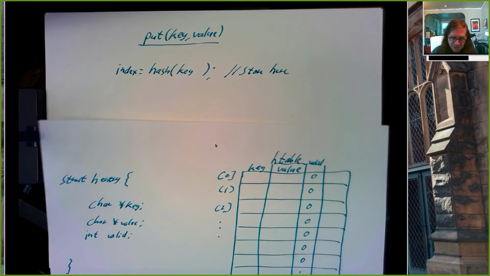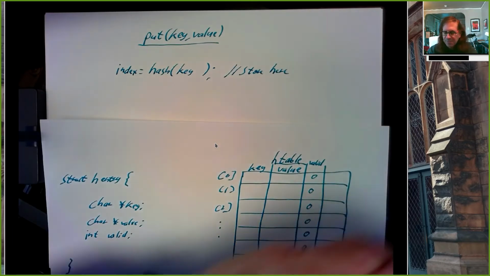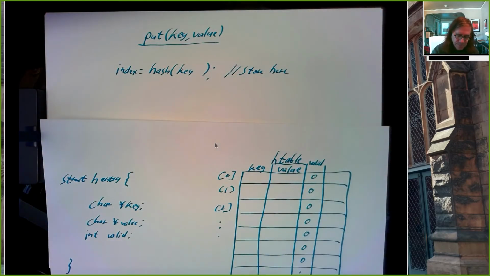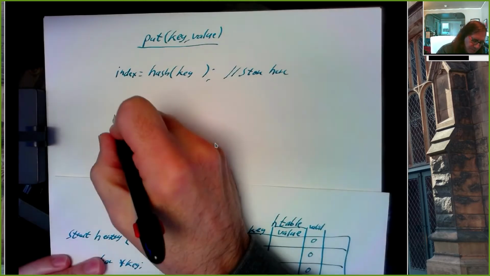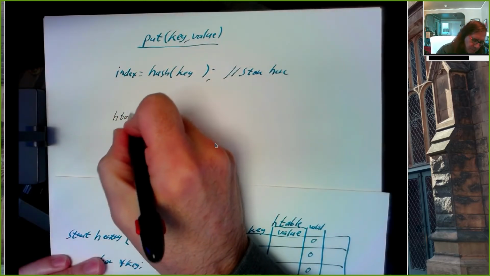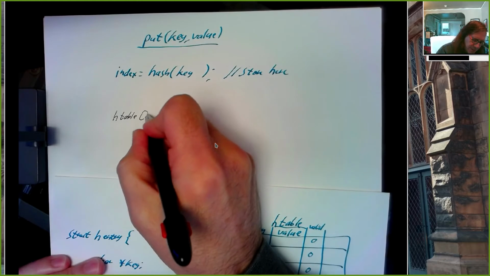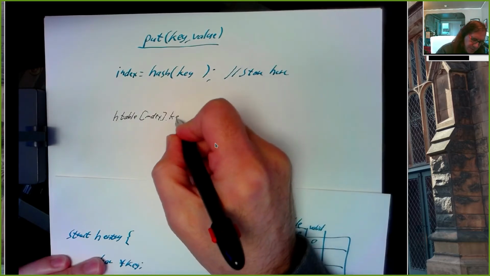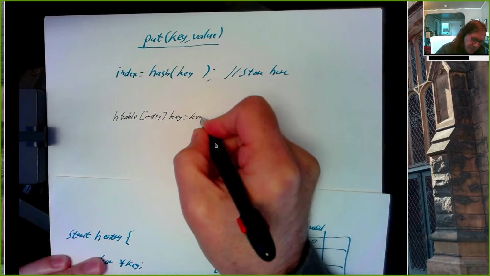Okay, so what does this look like? Basically, something like this. So h table bracket index dot key equals key.